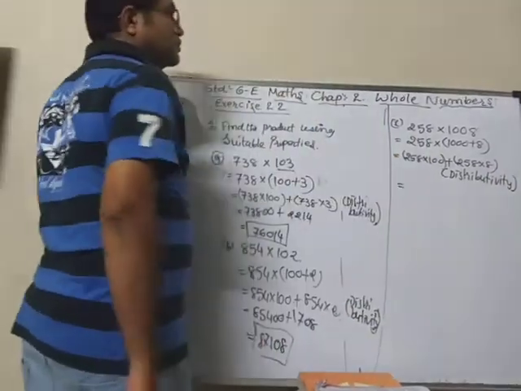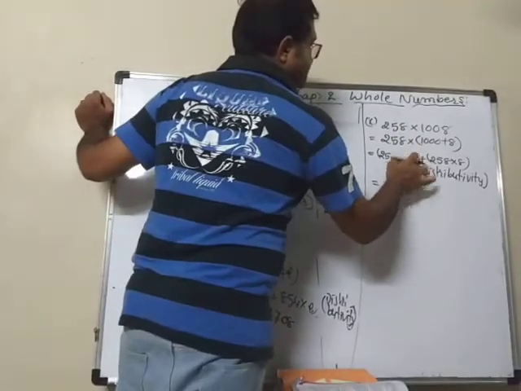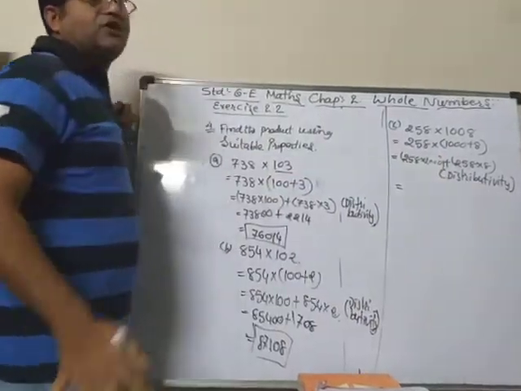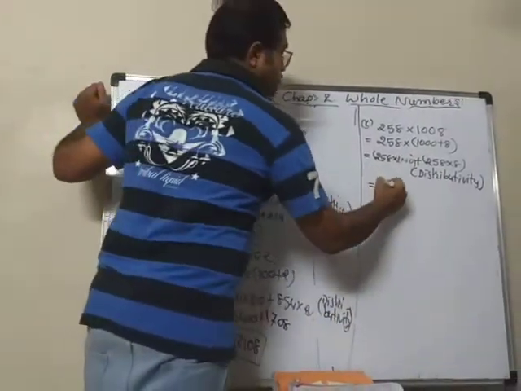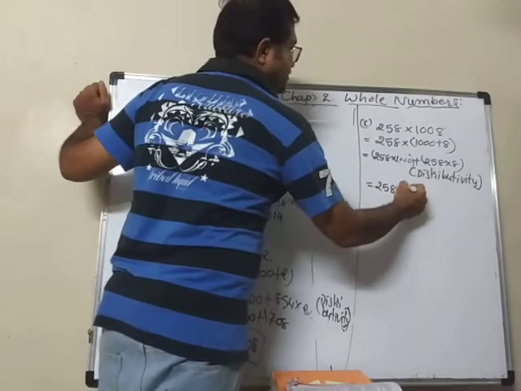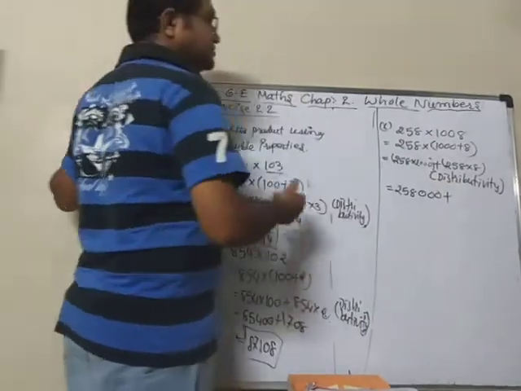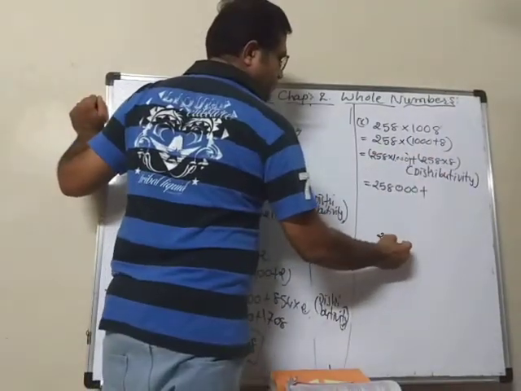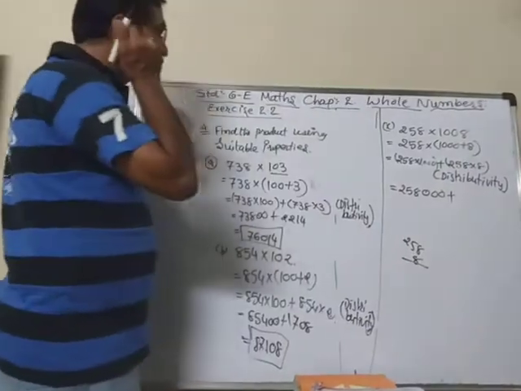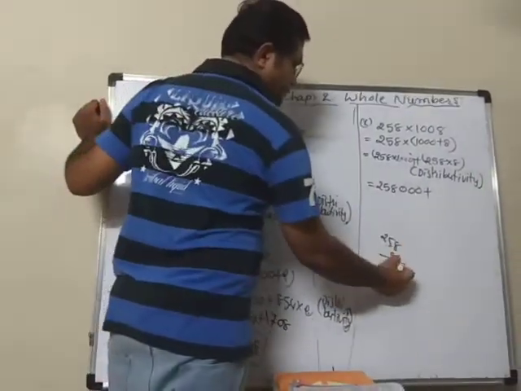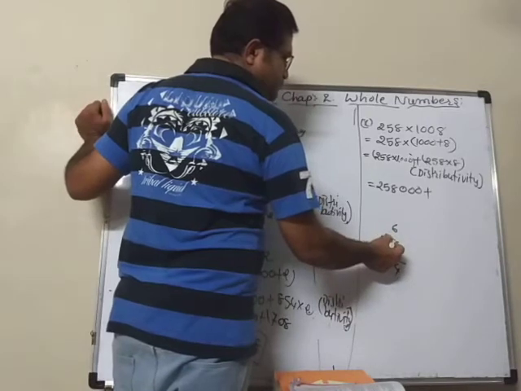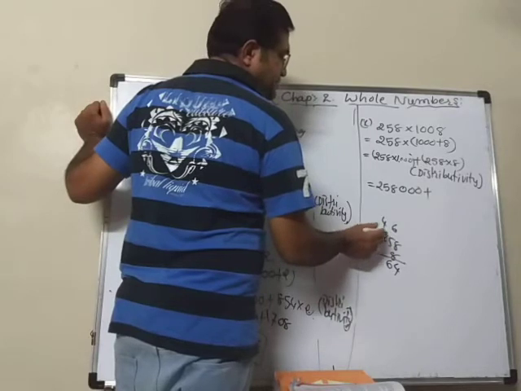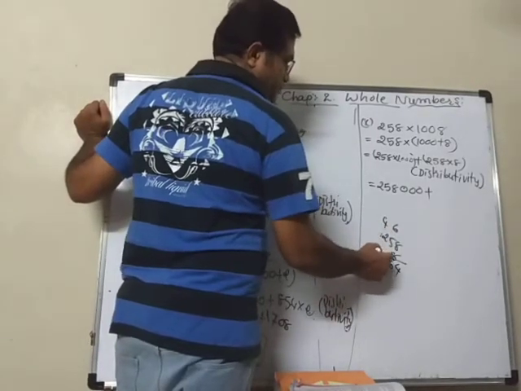Sorry, I have to write down 1000 here. So now when you multiply with 1000 you have to put 3 zeros. So 258000 plus, now we have to multiply only 258 multiplied by 8. 8 8s are 64. 8 5s are 40 plus 6 is 46. 8 2s are 16 plus 4.